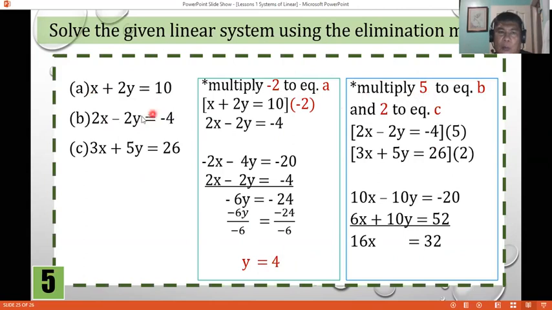Multiply 5 to equation B. Multiply ko ng 5 ito. Pero kailangan ko nang i-multiply ng 2 naman ang equation C. Magiging 10 silang parehas. To eliminate x. Ay, eliminate y, sorry.